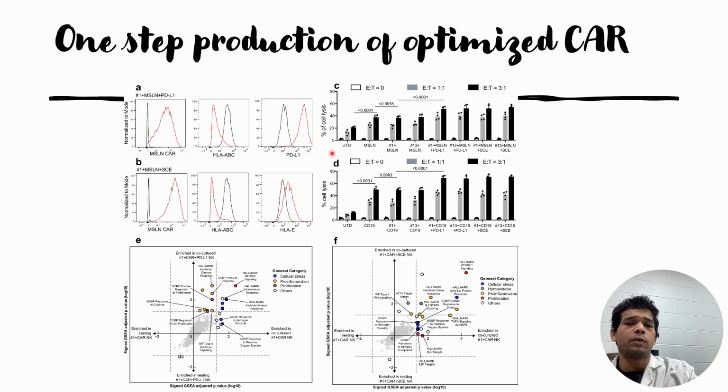So this is what the results show about the one-step production of optimized CAR: it not only has almost similar efficacy to the multi-step CAR optimization method, but when they check the signaling pathways or changes that occur within their CAR construct at different conditions, those changes also make biological sense. At the same time, it also gives indications of a long life of these CAR NK cells because of the low stress observed by them.